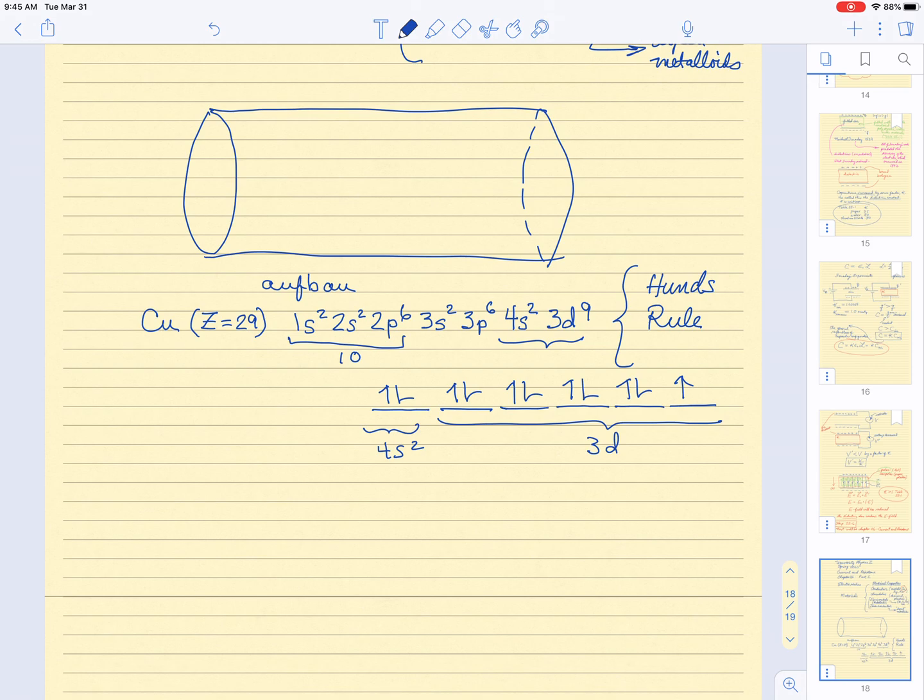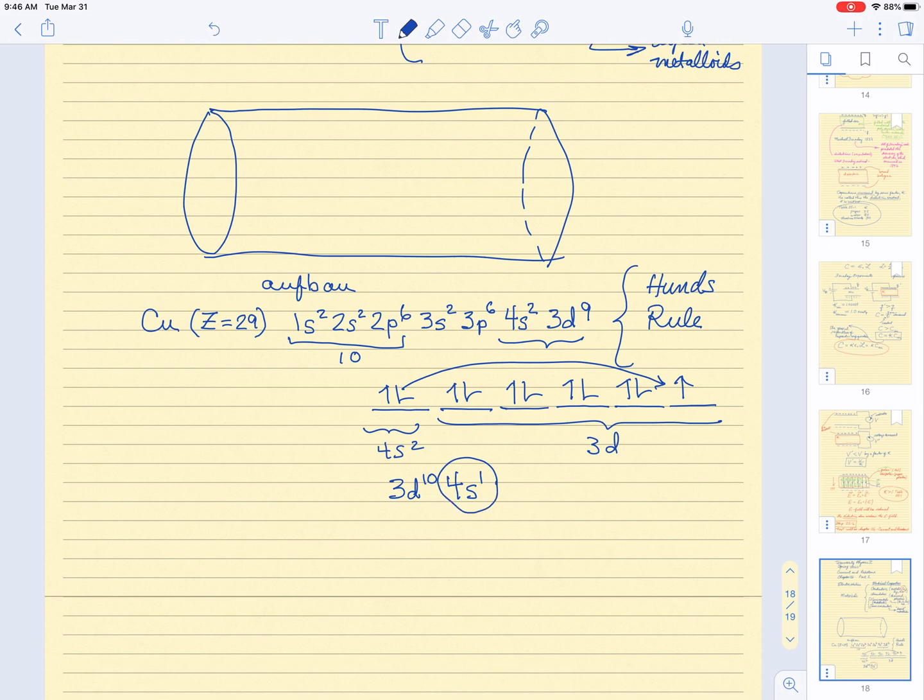And so what happens is that one of these 4s2 electrons goes and fills the 3d level, and that we have an inversion of the energy levels, so that then we have 3d10, 4s1. Okay, so what we have then is all of these orbitals are filled except for the 4s1 orbital.